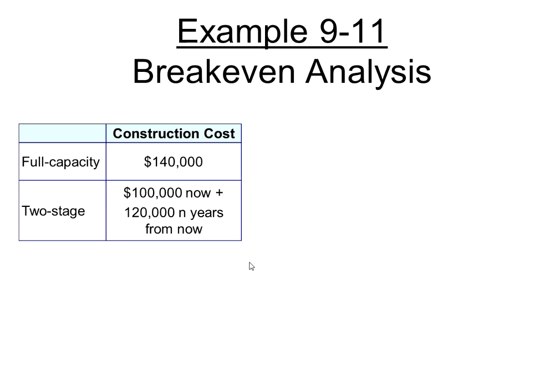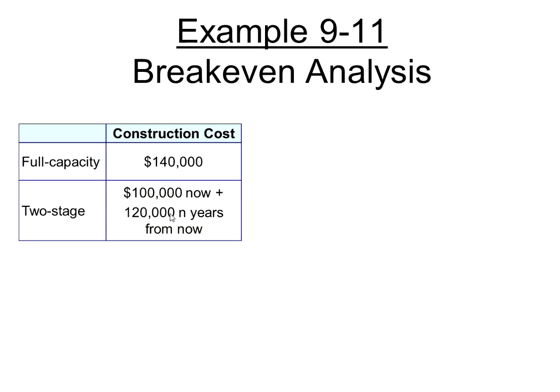So here's a quick example of break-even analysis. We have construction costs. We can build a full capacity facility, or we can have a two-stage construction. The full capacity construction cost is $140,000, and in two-stage we pay $100,000 now, which is less than full.